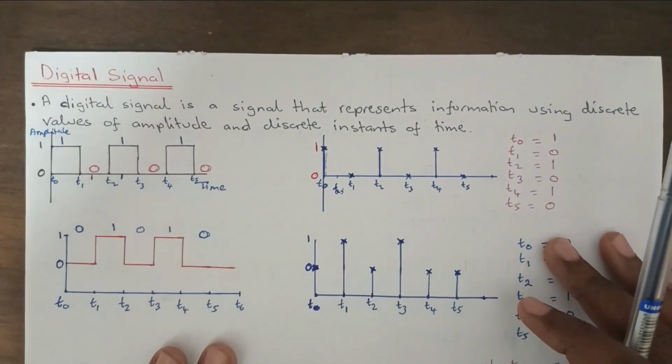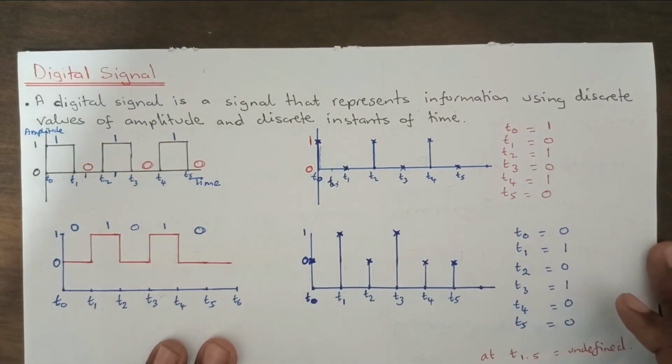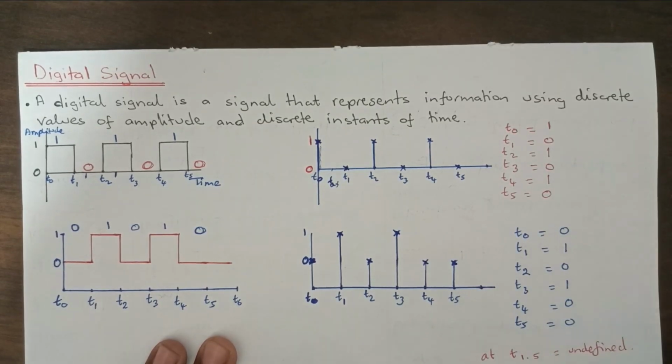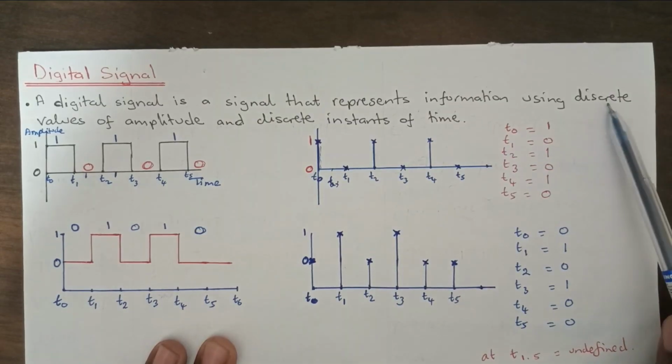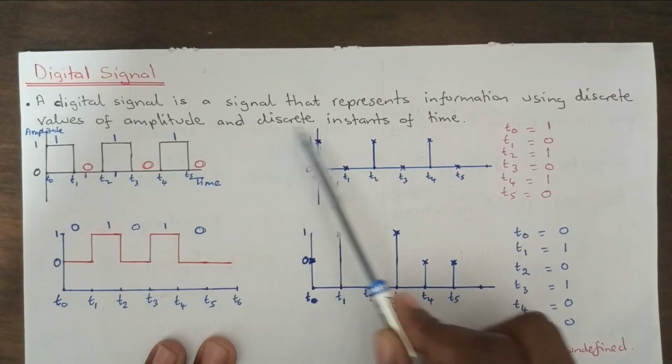Okay, now let us define digital signal. What is a digital signal? A digital signal is a signal that represents information using discrete values of amplitude and at discrete instances of time. This is where it differs with analog signal. In digital signal, we have got discrete values of amplitude and what? At discrete instances of time.